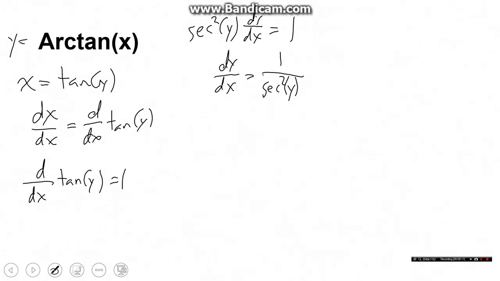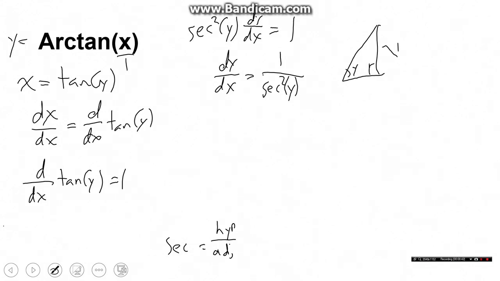So just real quick, secant is the reciprocal of cosine. So that means secant is hypotenuse divided by adjacent. So noting that, we're going to have another right triangle, poorly drawn as always. Make that angle y, and its tangent is x over 1. So then we know that x is the opposite and the adjacent is 1, making the hypotenuse a.